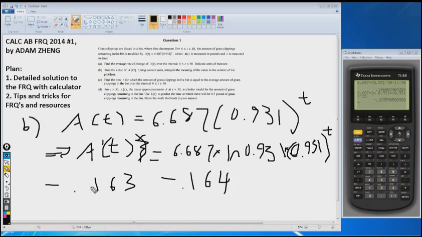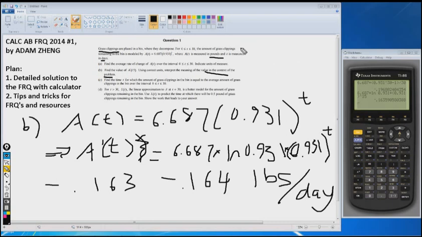Both of these work, and the units is just going to be the same, pounds per day, because it's derivative, so you have to take pounds and then divide it by days. Now, we want to explain this in the context of the problem. Well, that's really simple. It's just using the terminology grass clippings and pounds and days.